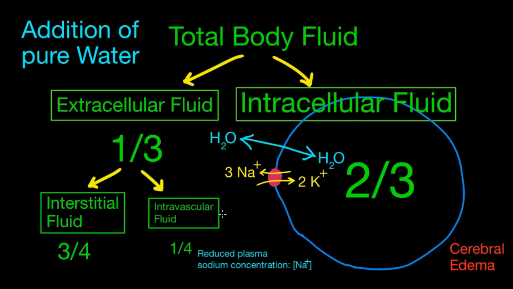When evaluating for too much or too little water, pure water, relative to sodium and other things, we just look at the plasma sodium concentration or the plasma osmolality, in which an abnormally high plasma sodium concentration would indicate dehydration. Abnormally low plasma sodium concentration indicates water excess or hyponatremia.